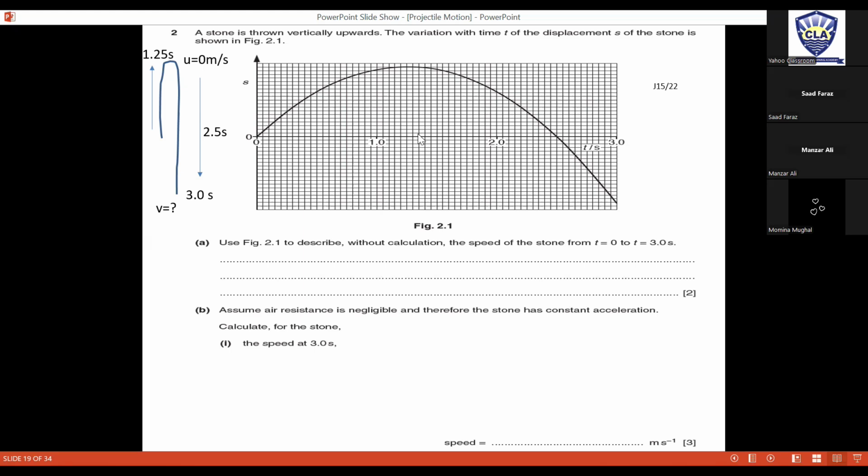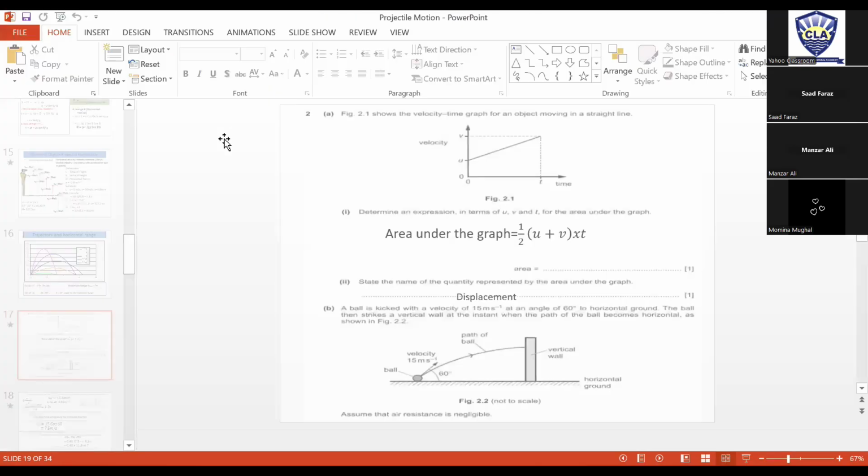From 1.25 seconds, it goes down to the floor and below that to 3 seconds. So it reaches the lowest point at 3 seconds, but it will be at the same level at 2.5 seconds. So I just draw that. Just give me 1 second.